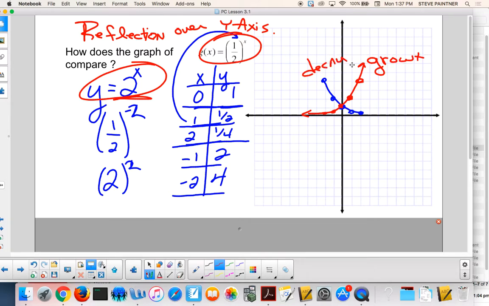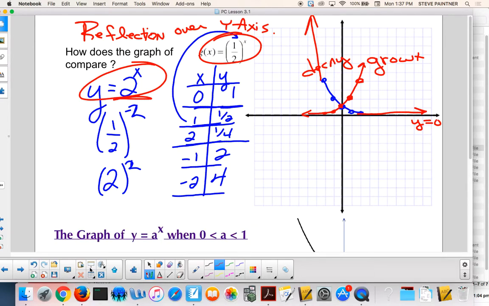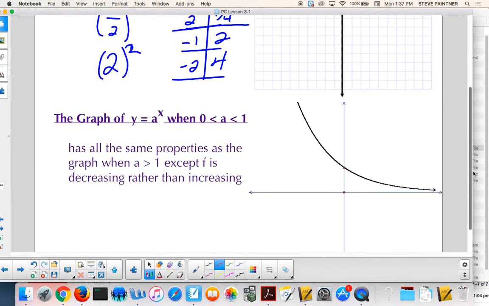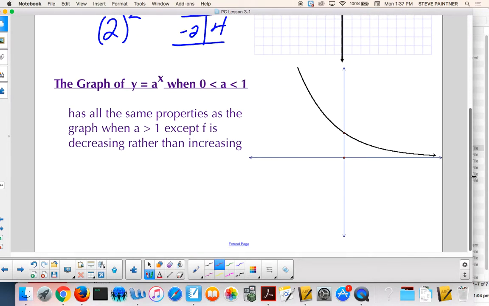And you have to know this goes on forever up. What's this do? It rises to the x-axis, which is y equals 0, by the way. Okay, it's a horizontal asymptote. I think the bottom just talks about it a little bit. It says the graph y equals a to the x when a is between 0 and 1 is known as what?